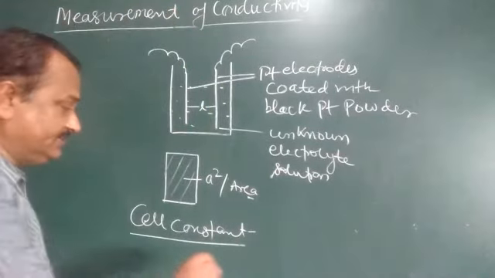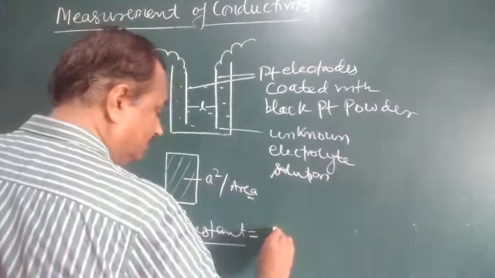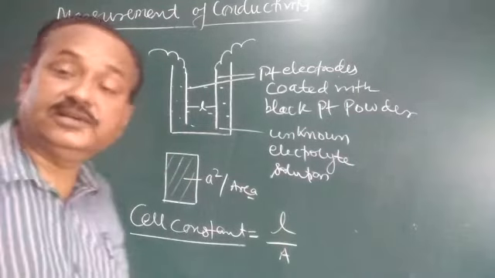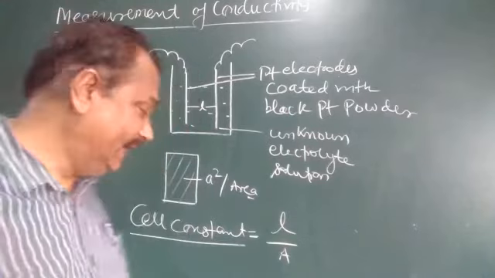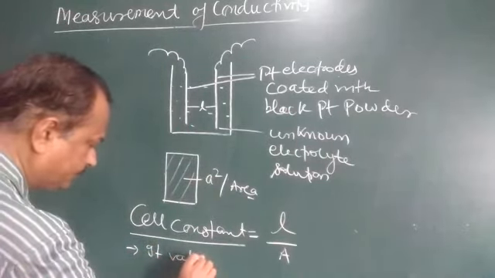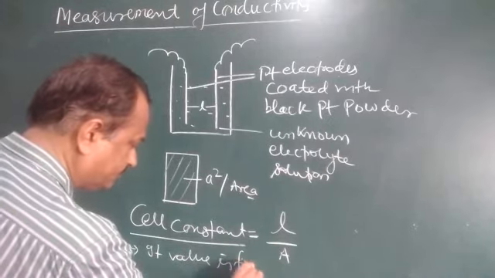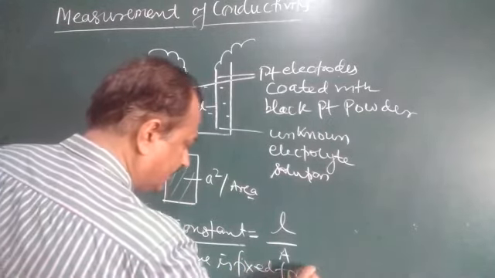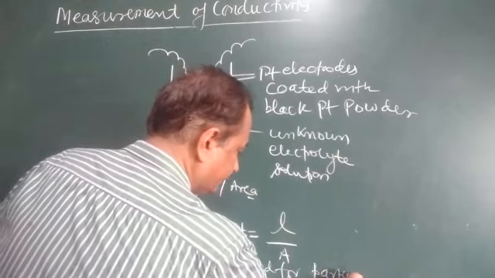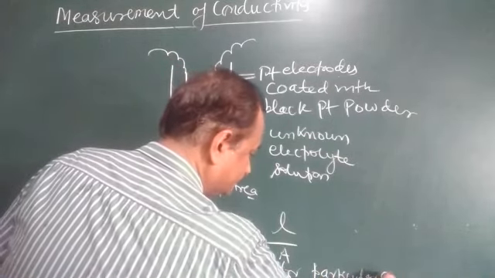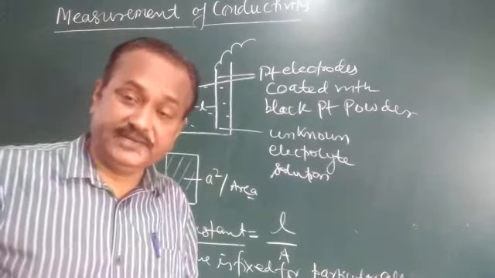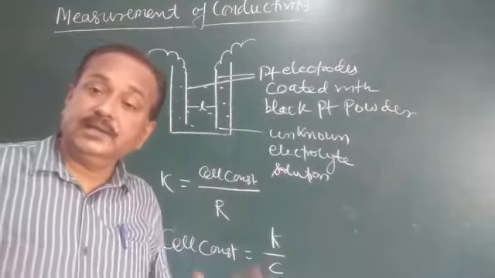Now the cell constant is equal to L upon A. Cell constant is equal to L upon A, and its value is fixed for a particular cell, because this is a standard quantity.